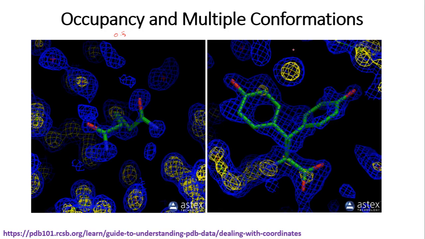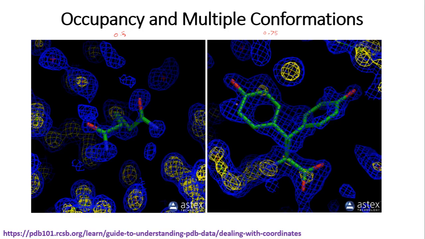Say, for example, if 75% of the time it is oriented in this way, the occupancy would be 0.75, and so on and so forth. So the occupancy would indicate multiple conformations if the atom is involved in them.